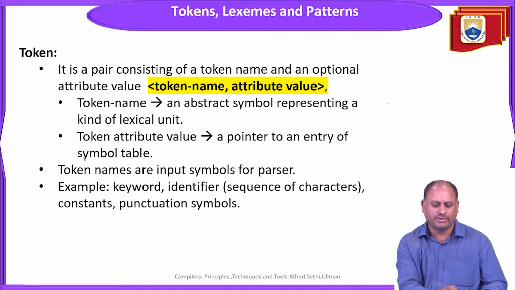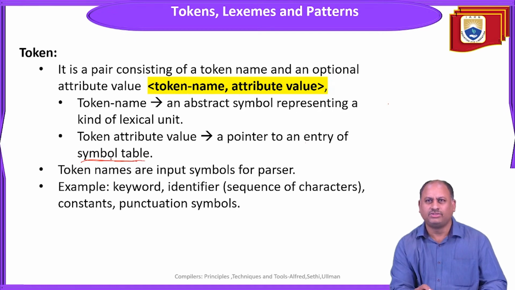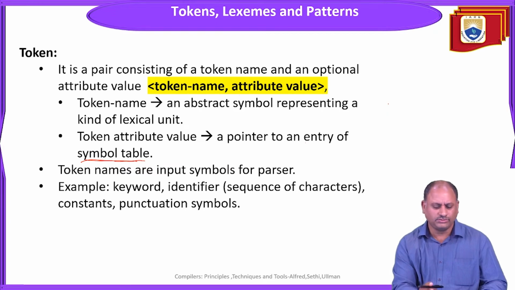Before that we discussed symbol table representation. It is a data structure where references to data items, identifiers and constants are stored. This notation is used for the value of that particular attribute, and so tokens are represented with a specific syntax structure: token name, comma, value.